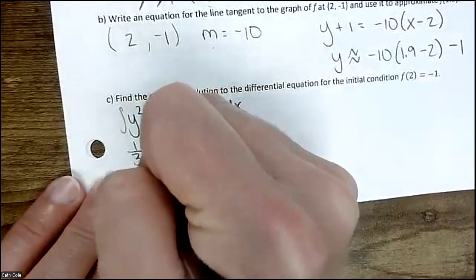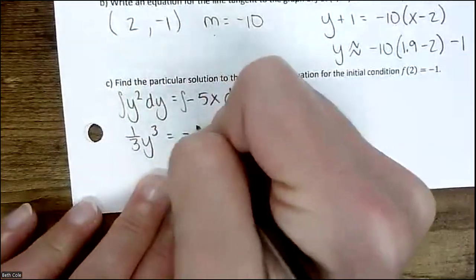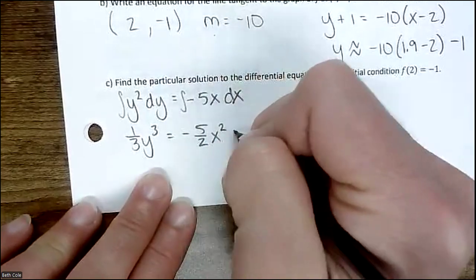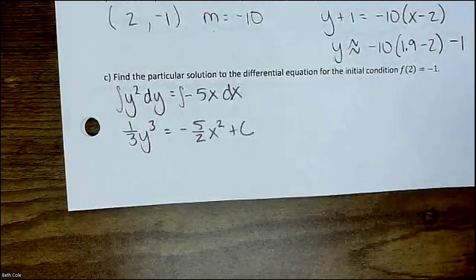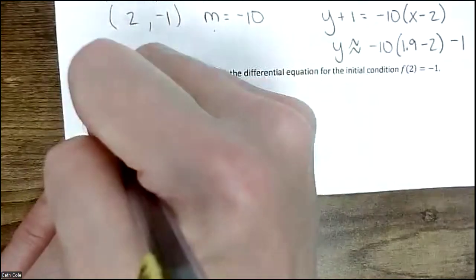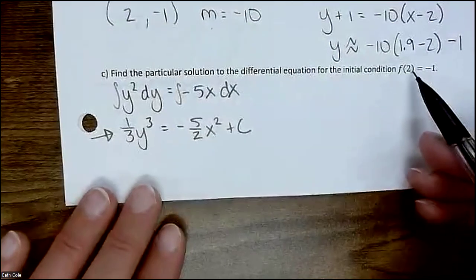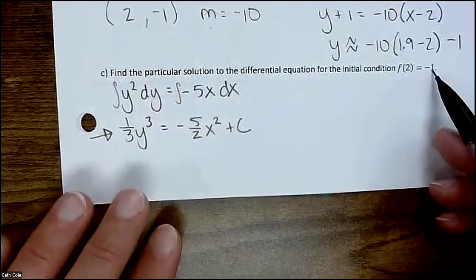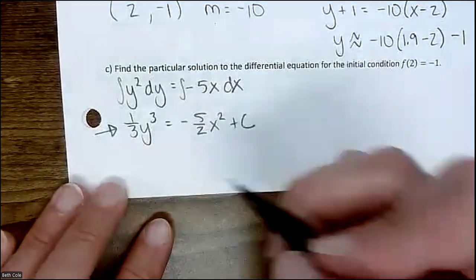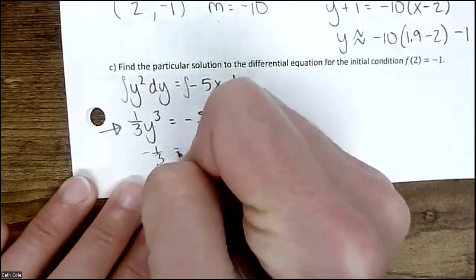Yep, 1/3 y cubed equals. All right, that's the step we're going to come back to. We're going to plug in 2 for x and -1 for y. So if y is -1, that's -1/3.